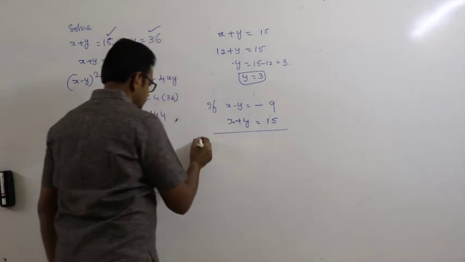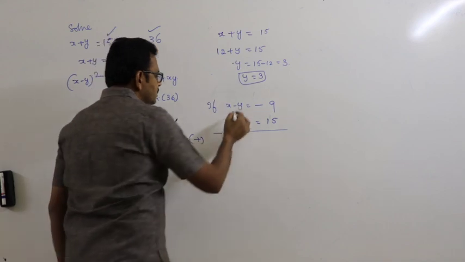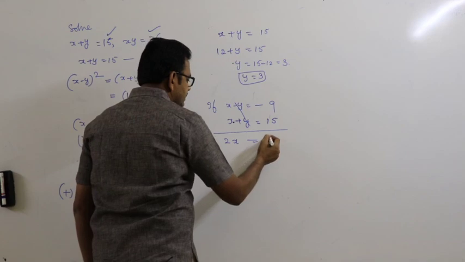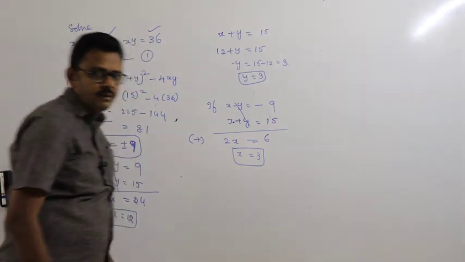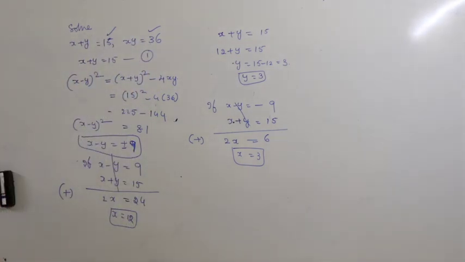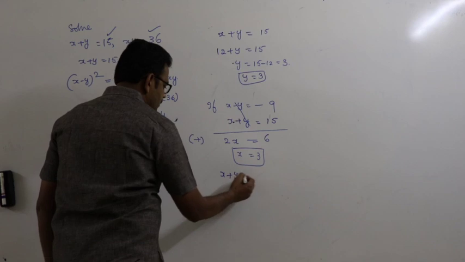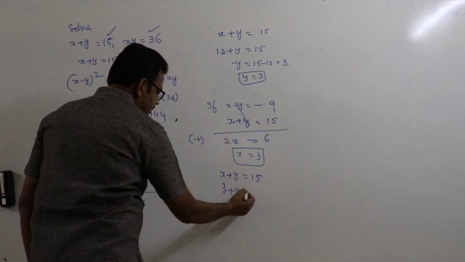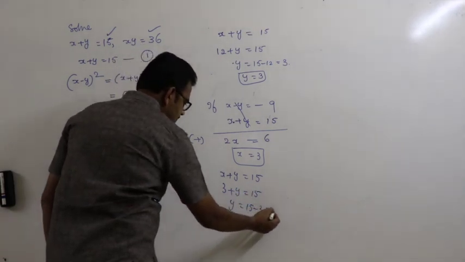By adding these two, y gets cancelled, 2x is equal to 15 minus 9, that is 6, x is equal to 3. x value is 3, and for y value, x plus y is equal to 15, therefore 3 plus y is equal to 15, y is equal to 15 minus 3, that is 12.